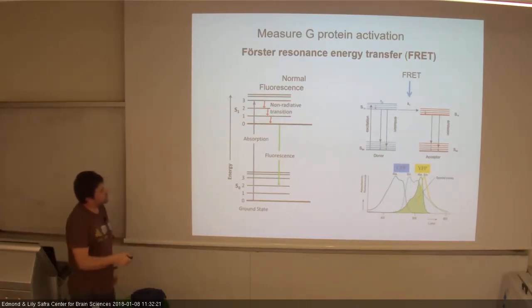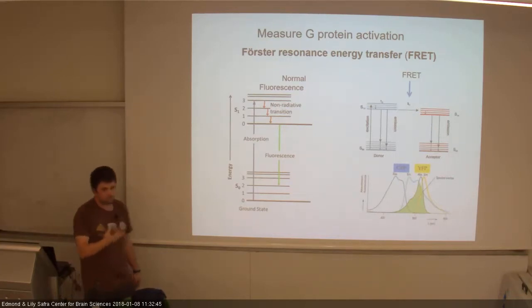When they're very close, when one fluorophore absorbs energy, instead of emitting a photon in lower energy wavelengths, the energy will transfer from one fluorophore to another, and you will get an emission in the normal emission wavelength of the other protein.